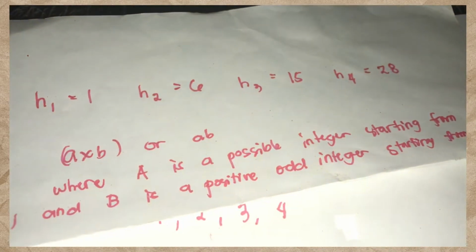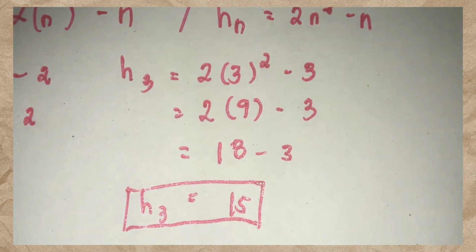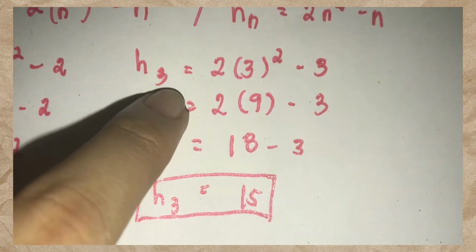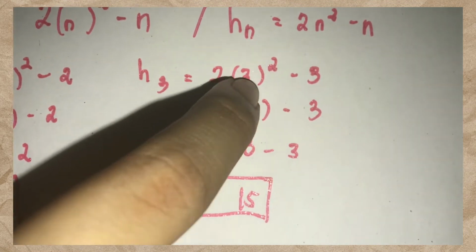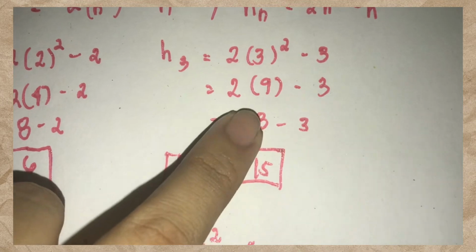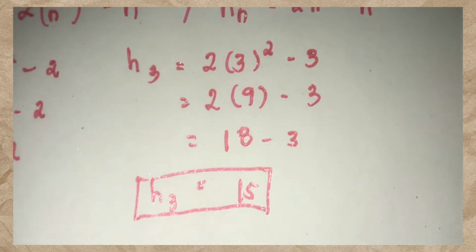Here you go. Now we're moving forward with the third hexagonal pattern. Just copy the value of n here, which is 3. And then substitute. So 3 times 3, 9. 2 times 9 equals 18. 18 minus 3. Answer is 15.